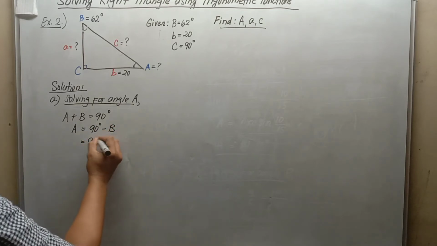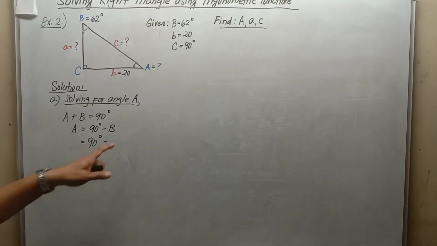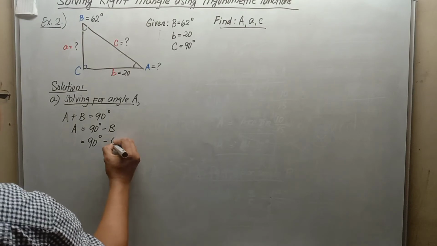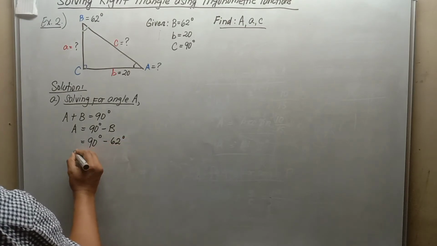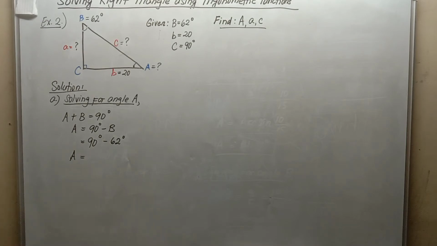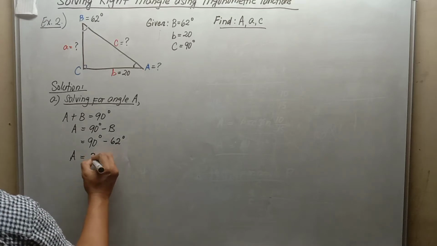How much is the value of angle B? Angle B is 62, it is given. So angle A is equal to 90 minus 62. 90 minus 62, so there are 28 degrees.